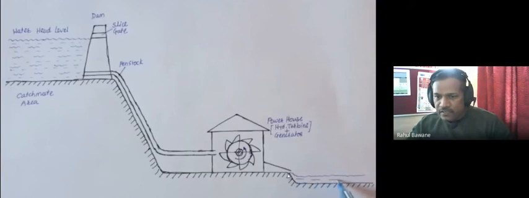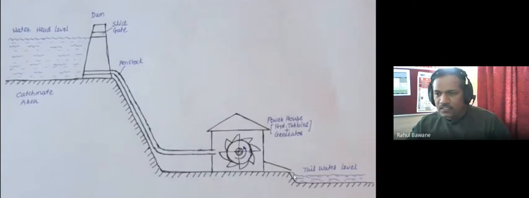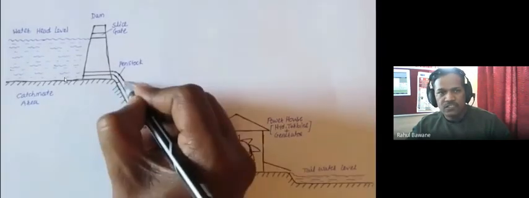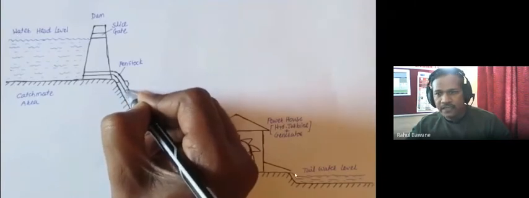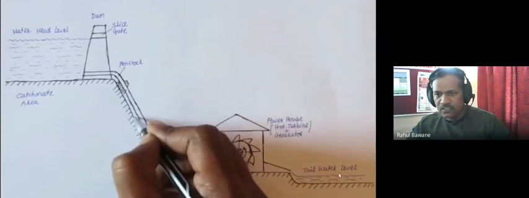If I leave it to some river or lake, our exhausted water will move further. It can be used for any purpose, agriculture, domestic or industrial. And this down water level is called the tail water level. So this is the head, the water head level, and this is the tail of the water system. So this is tail water.